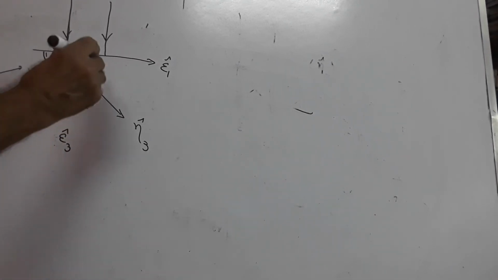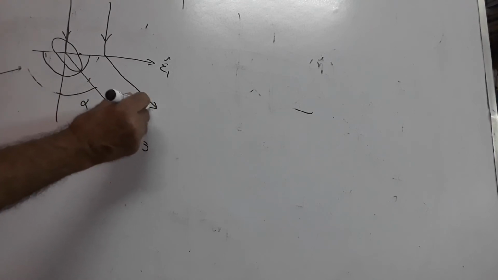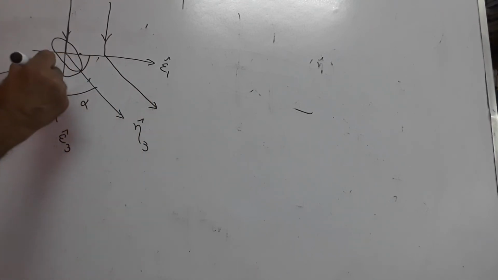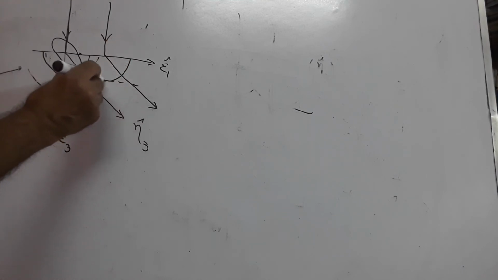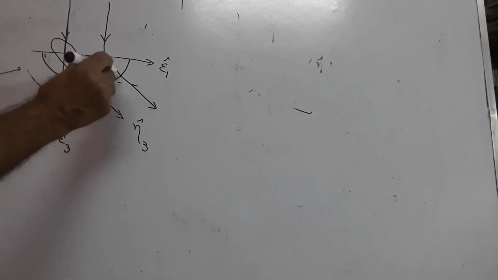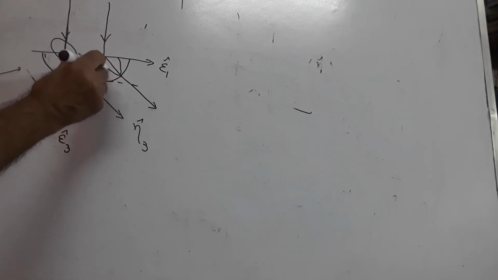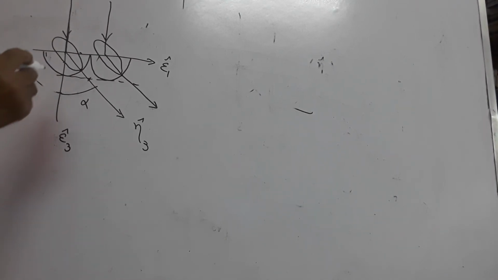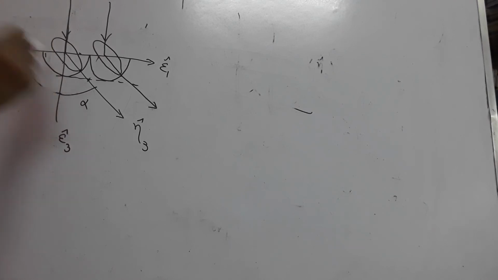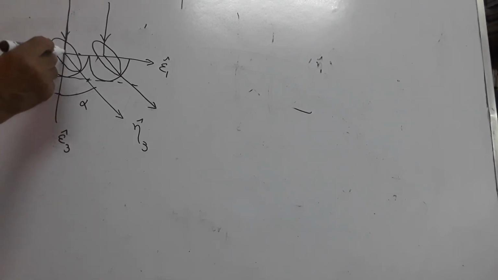Now I do the same thing here. Notice, if this were polarized in that direction, D is in that direction, so that will be my K wave.